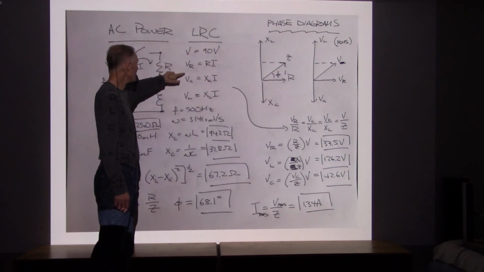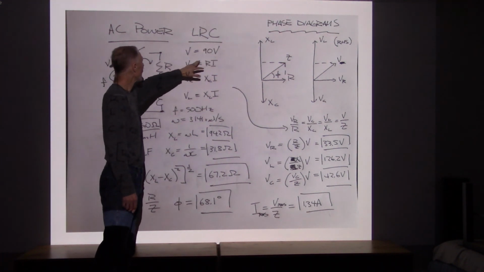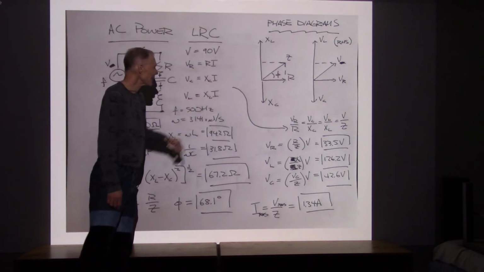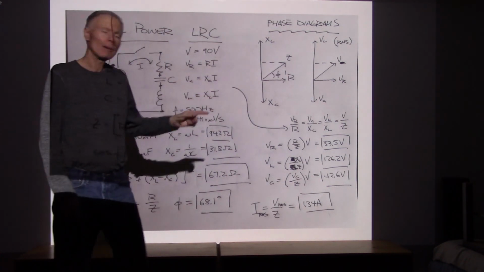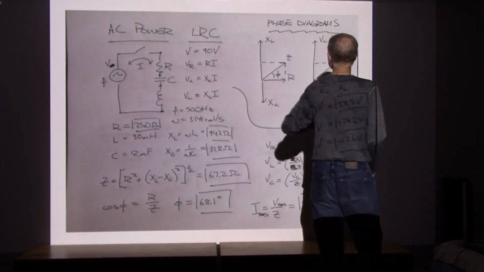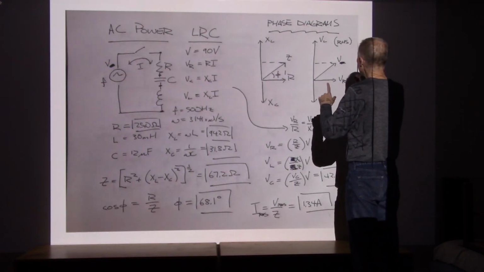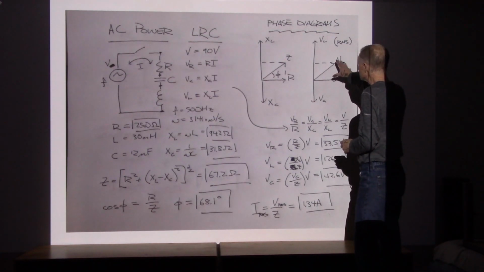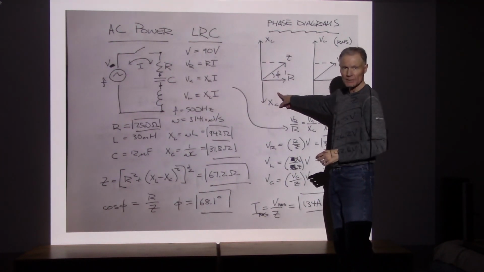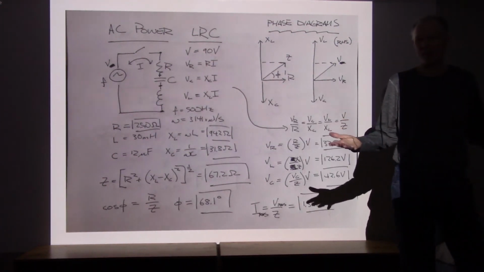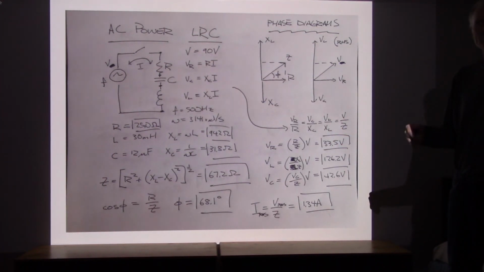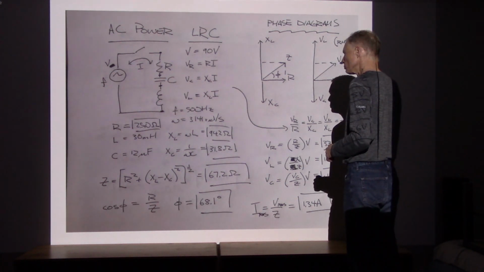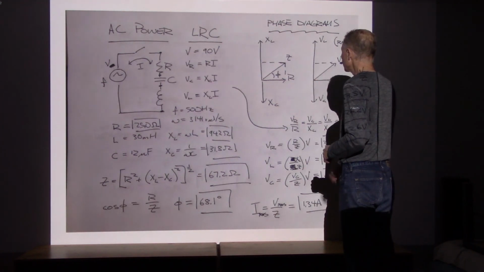Now the individual pieces of the voltage are going to be R times I, XC times I, and XL times I. And what I did up here was I drew phase diagrams. I drew a phase diagram for voltage, but I also drew an impedance diagram. Again, that's my favorite in these problems. That's almost always the first place to start from. So let's start from this and see what we have going on.